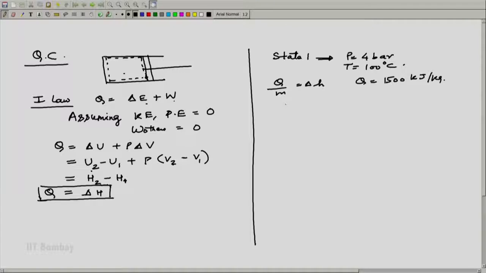So, we can say that 1500 kilojoule per kg is equal to H2 minus H1.